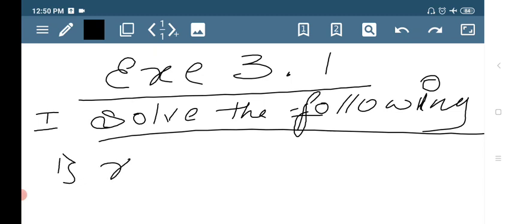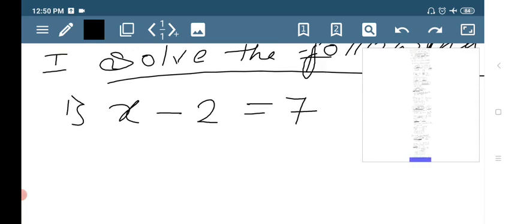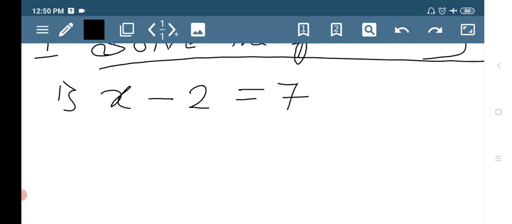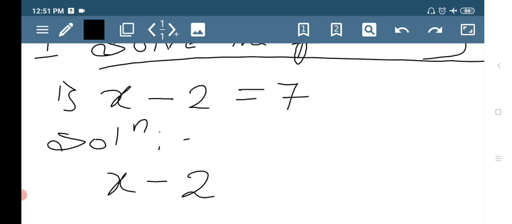So the first question here is x minus 2 is equal to 7. This is similar to the above question, right? Yes. Solution: x minus 2 is equal to 7.